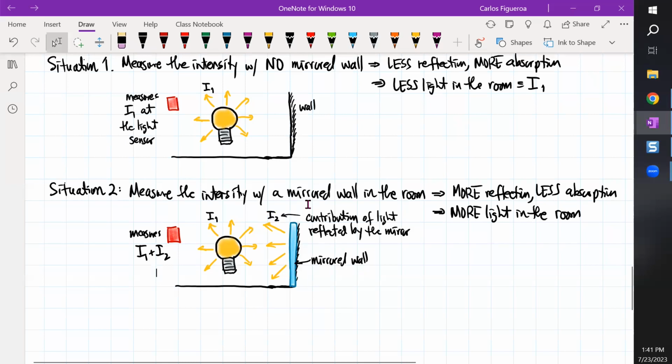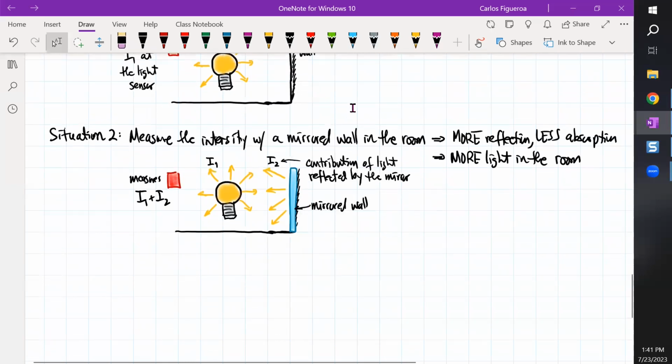Now let's look at a third situation, and this is really getting to my daughter's explanation. I'm going to change it, and then I'm going to come back to the mirrored virtual image of the light bulb.